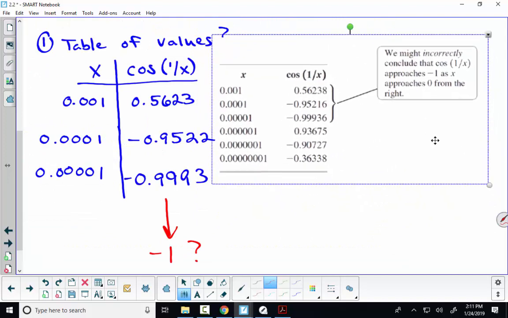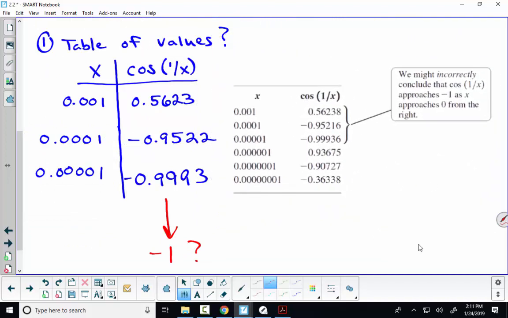We can see, though, if we were to keep going, that after our negative 0.99936, even closer to 0, it jumps up to positive 0.9, then back down to negative 0.9, then back down to negative 0.3. So the table of values, if we keep going, we do see those jumps, right? It's not honing in on a particular number.